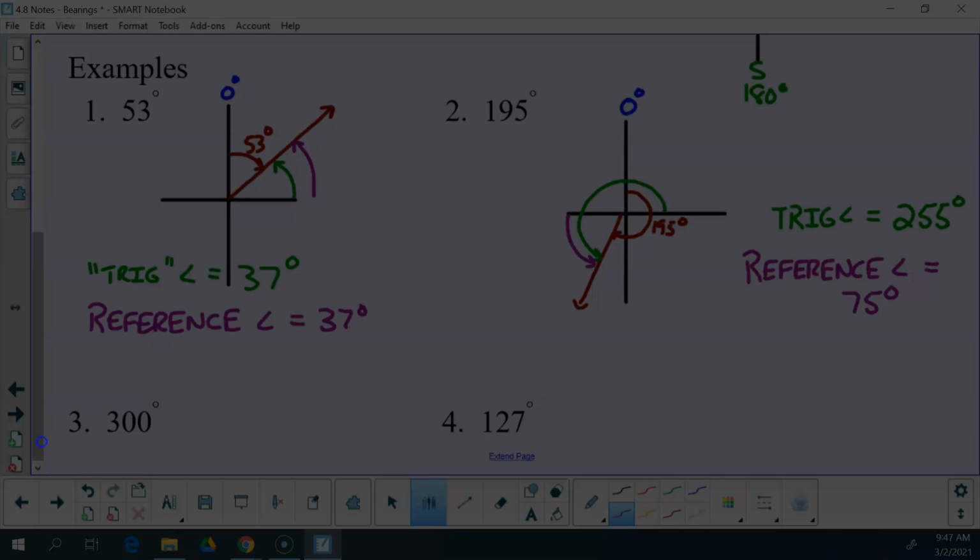Give me the trig angle, give me the reference angle, and give me the bearing angle. So the north, whatever, whichever one. North, south, angle, east, west. For both of those.